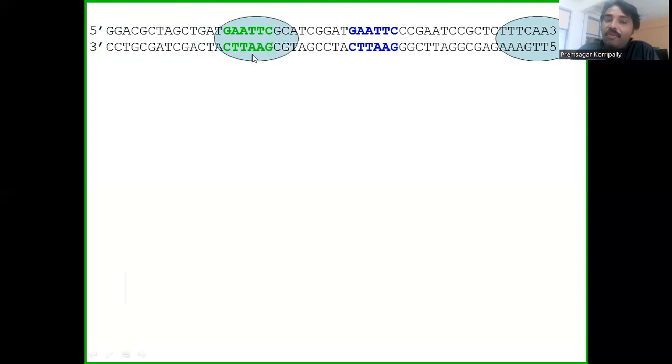Scanning, and then followed by this. First step is scanning. The second step is identification of the recognition sequence, and then the breakdown or cleavage. So scanning, recognition, and cleavage of a restriction site.